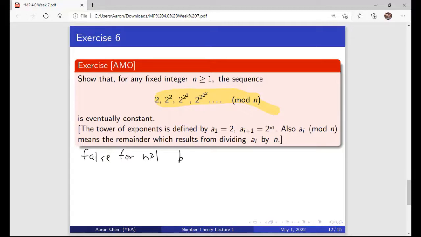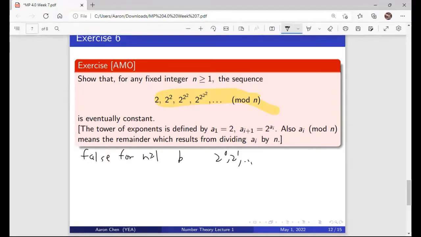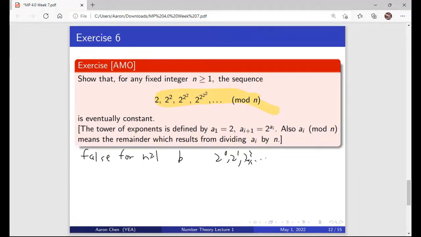They're all technically 0 mod 1. So next we note that this holds true for all integers b, and so the sequence 2 to the 0, 2 to the 1, 2 squared, and so on, would eventually become cyclic.